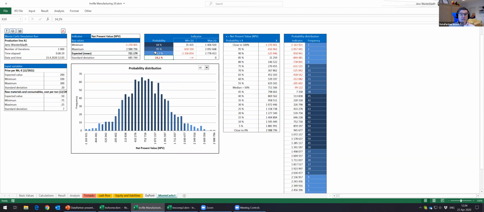And these probability indicators come directly from statistical theory. So it's 1 times standard deviation, 2 times standard deviation, 3 times standard deviation. So with 68% probability, I know that it's between these values.